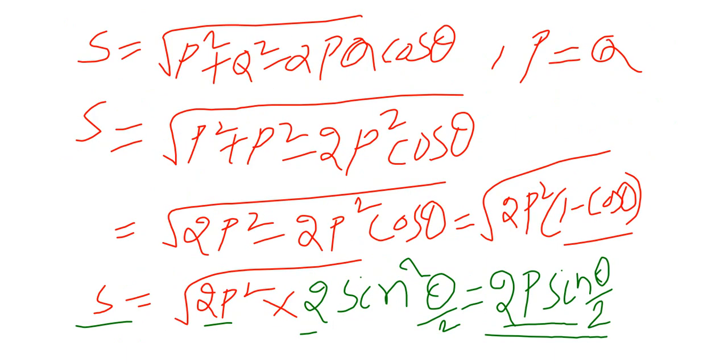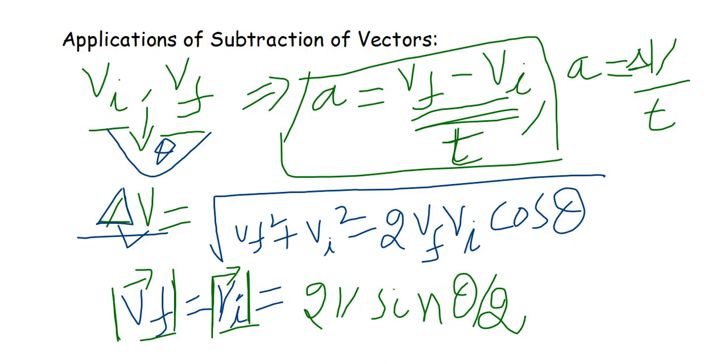Next is the application of subtraction of vectors. The object is moving, its initial velocity is vi, and with time its velocity changes to vf. When velocity changes with respect to time, it has acceleration, that is vf minus vi by t. If these two velocity vectors are making some angle with each other, then the magnitude of the resultant vector is root over vf square plus vi square minus 2 vf vi cos theta.